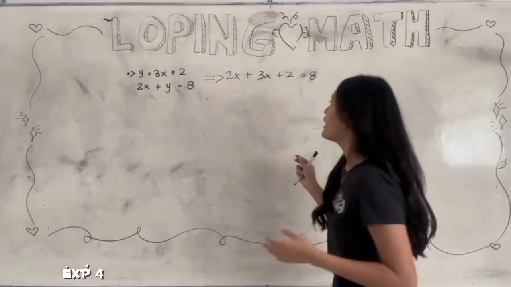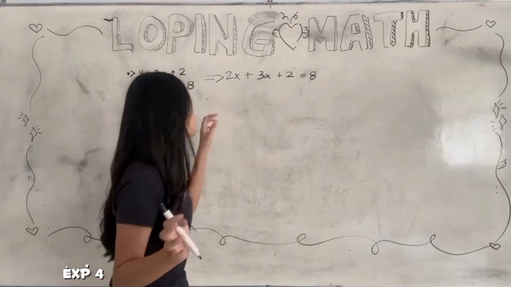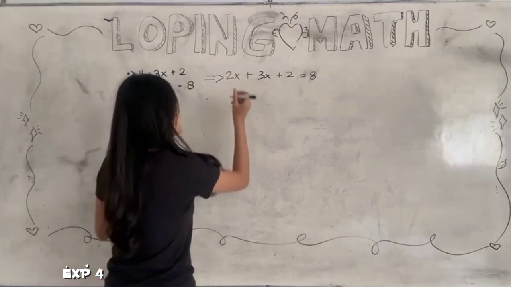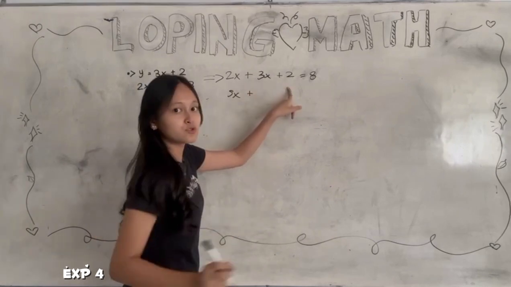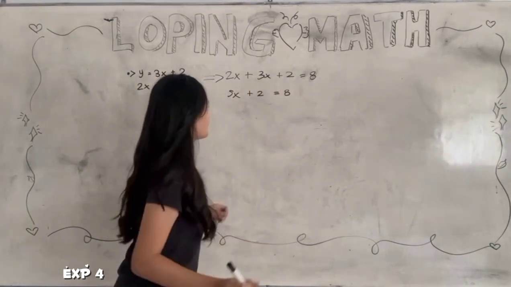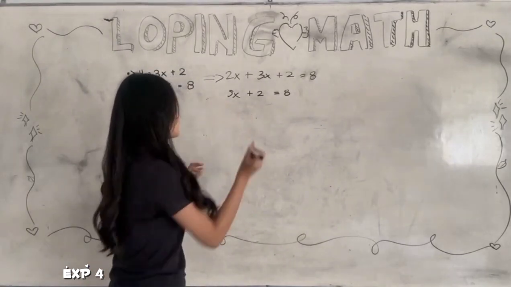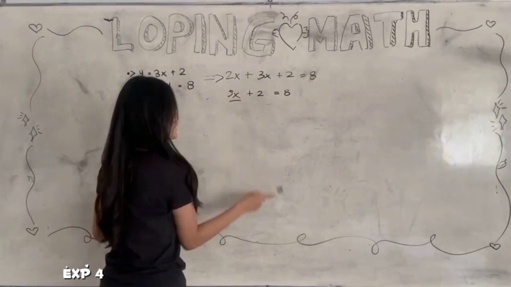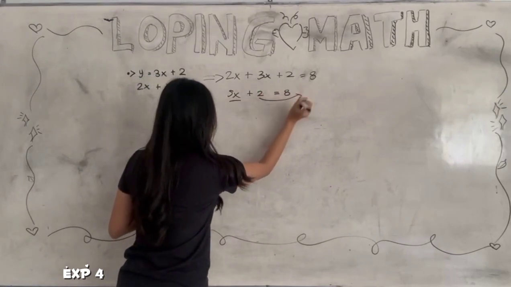Now we have to simplify this equation. So 2x plus 3x equals 5x, plus 2 equals 8. And now we have to find the value of x. But before that, we move this 2 to the right side.